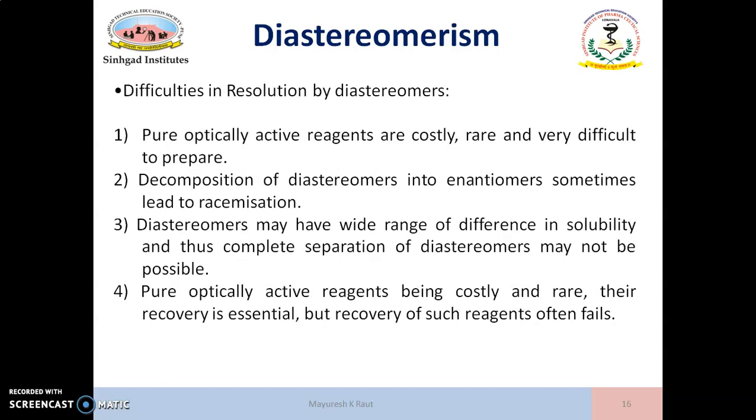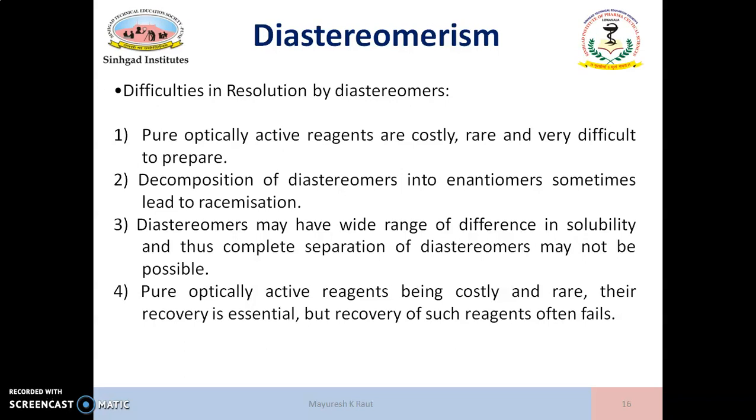But at the same time, there are some difficulties in resolution by diastereomers. The first difficulty is pure optically active reagents are costly, rare, and very difficult to prepare. Second, decomposition of diastereomers into enantiomers sometimes leads to racemization.